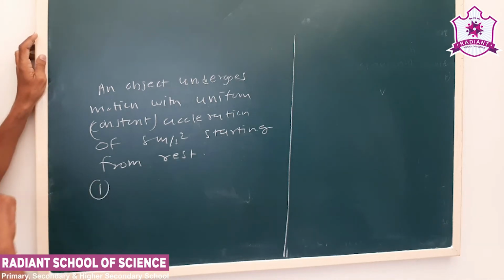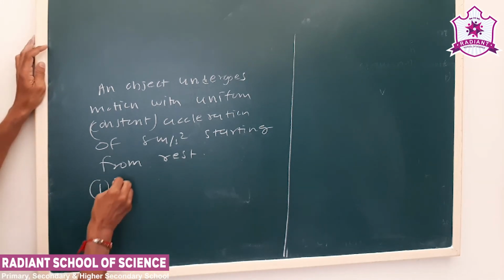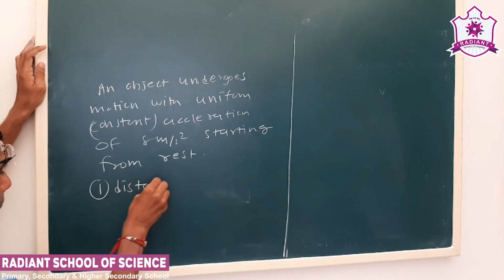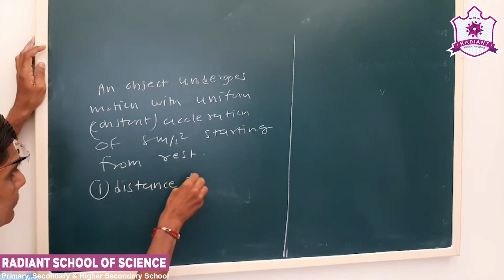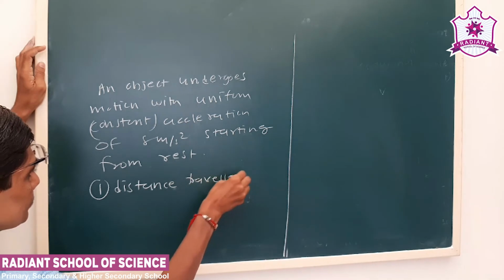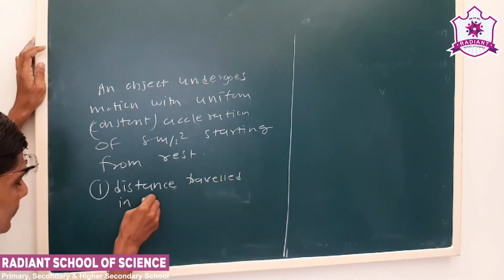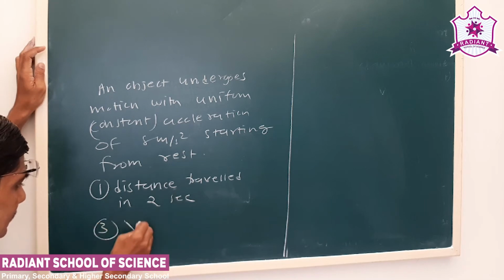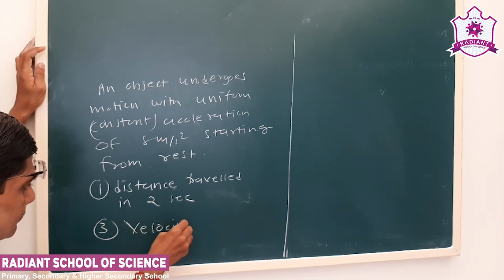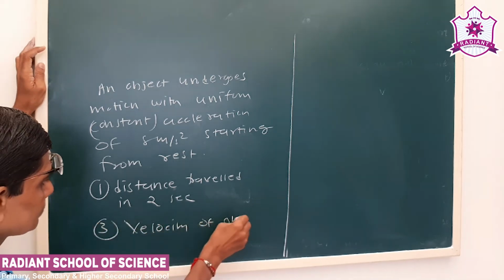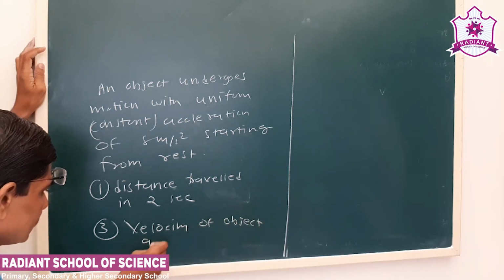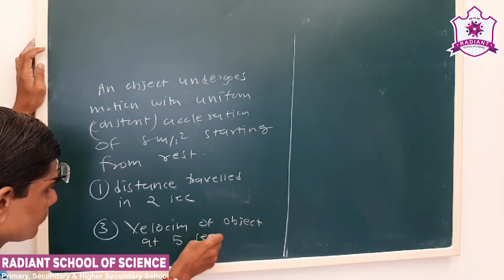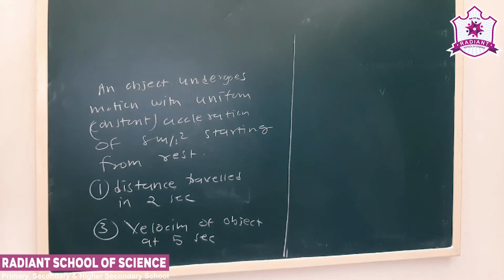See what you have to find out. Let us say the distance traveled in 2 seconds, and third, the velocity of the object. Now the question is divided into two parts.